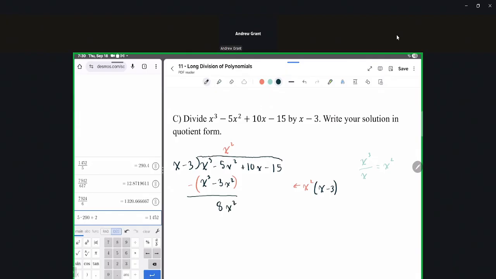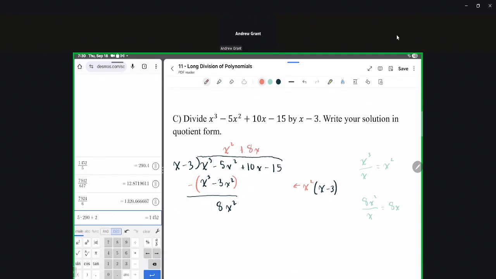Okay, looks good. So then the question becomes, how many times does x go into 8x squared? So we're going to write off to the side 8x squared divided by x. So x goes into x squared once, so it's going to go 8x times. Great. So it's positive, so we're going to put that up there, positive 8x.